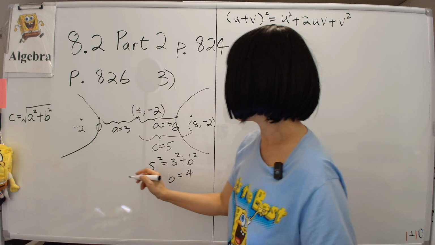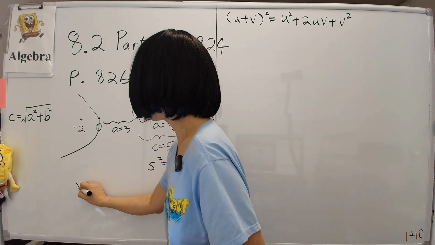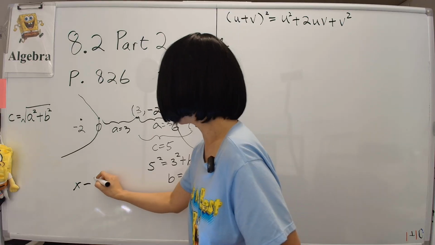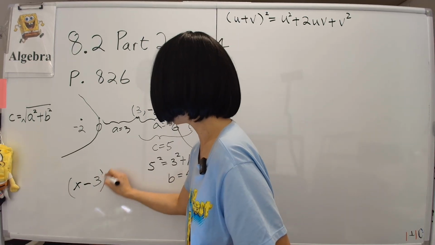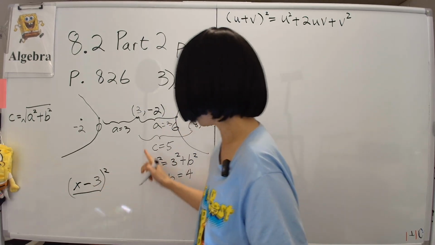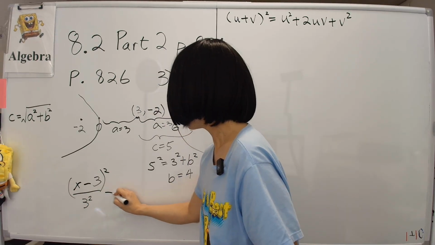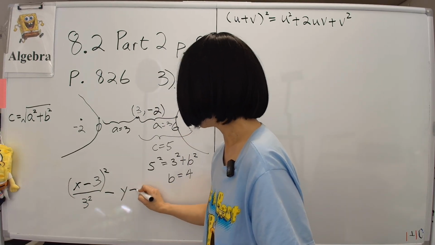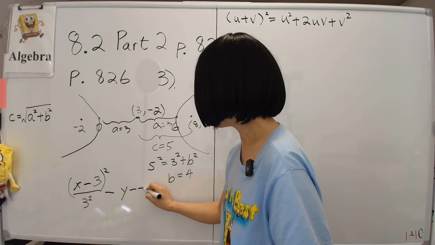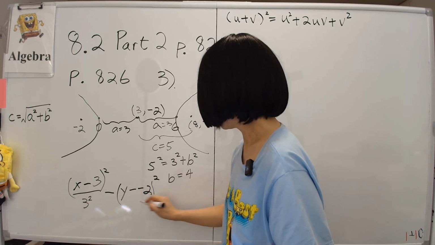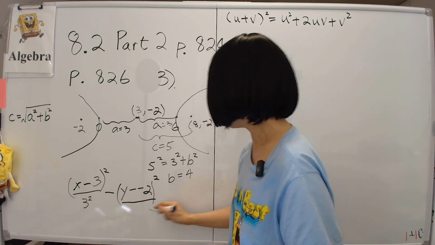So the new equation becomes (x minus 3) squared, that's the x coordinate, divided by a squared, which is 3 squared, and then minus (y minus (-2)) squared, divided by b squared, which is 4 squared.